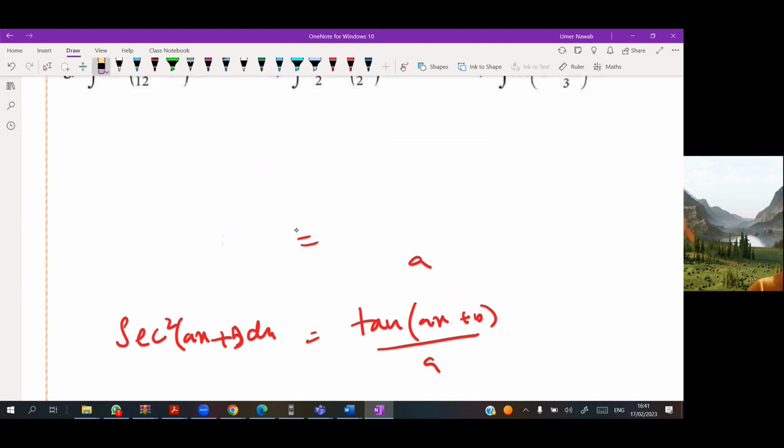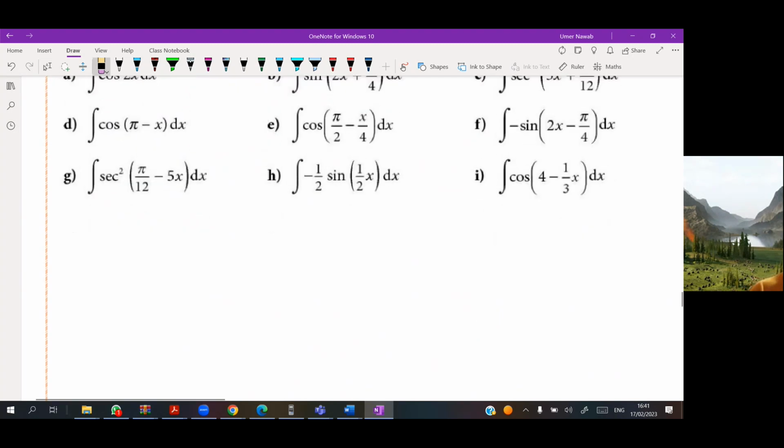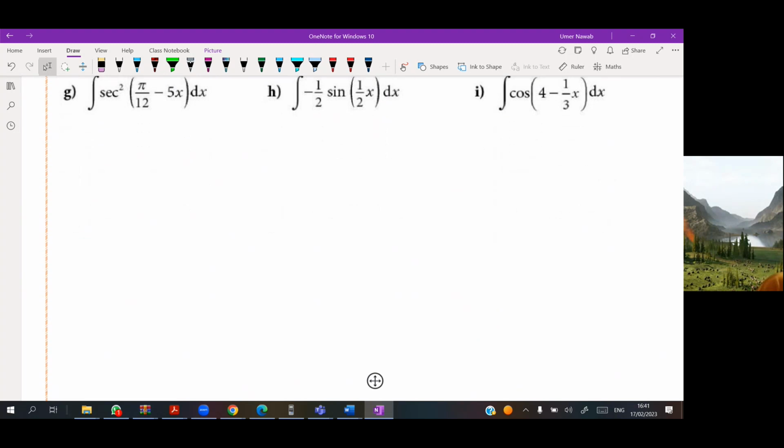So these are the formulas which you took with me in the class. Now we will try to solve all the questions given here. The first question: what is the integration of cosine of 2x? That will be sine of 2x divided by 2, because the coefficient of x is 2, so I need to divide by 2, plus c.